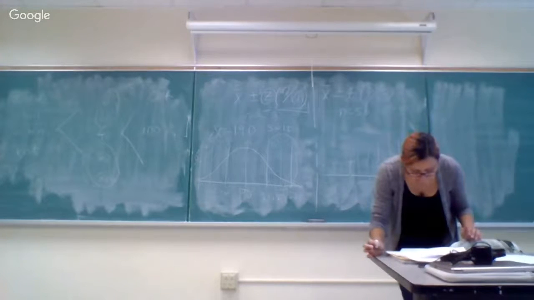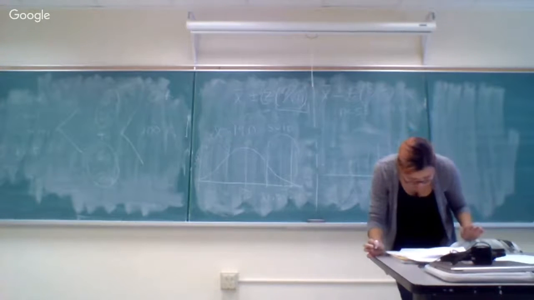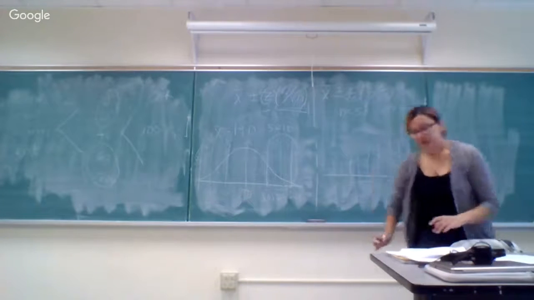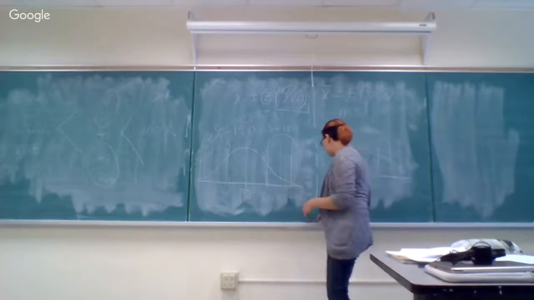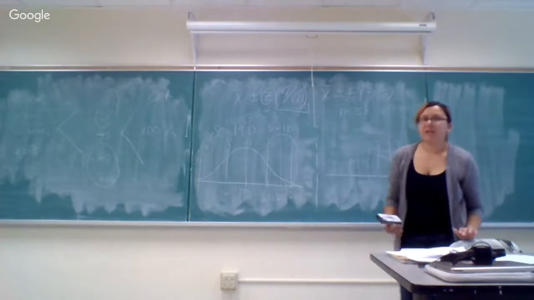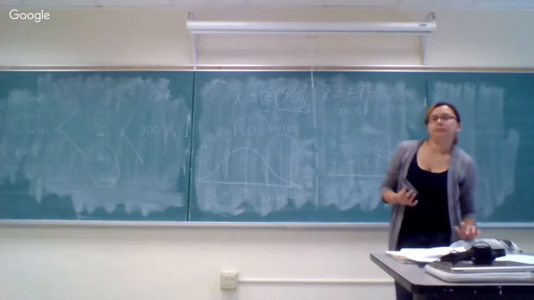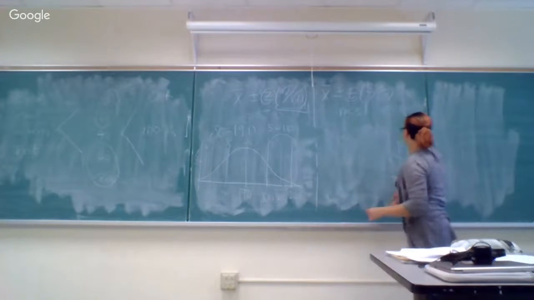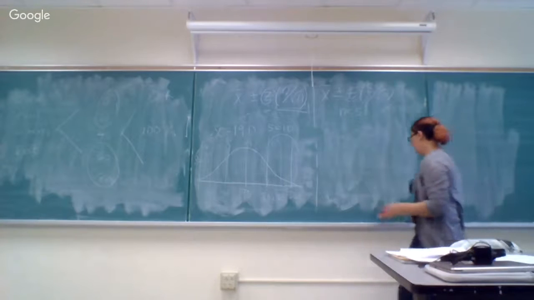So I'm just trying to process this. Okay. I know what this is. I have a feeling this is a chi-square question. So let me try to walk through this real quick.